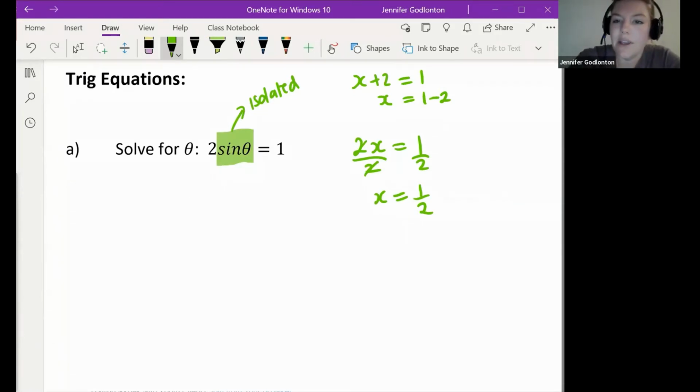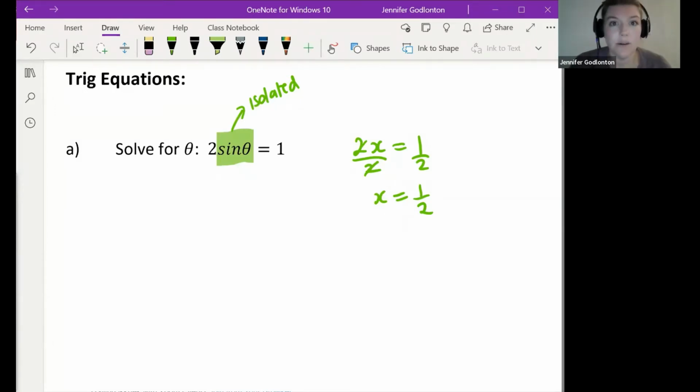So if I'm looking at this question over here, the first thing we're wanting to do is, because we're trying to isolate what I've highlighted in green, right? And so the first thing we're wanting to do, like Elise was saying, is divide by the coefficient. So in that case, we were dividing by the coefficient of x, which was a 2. Now we're dividing by the coefficient of sine.